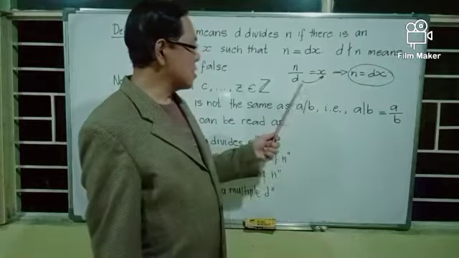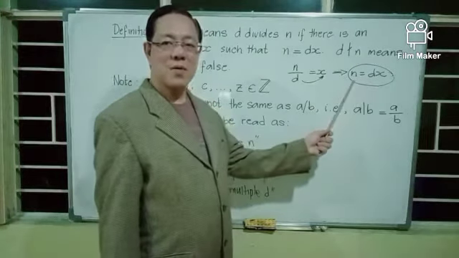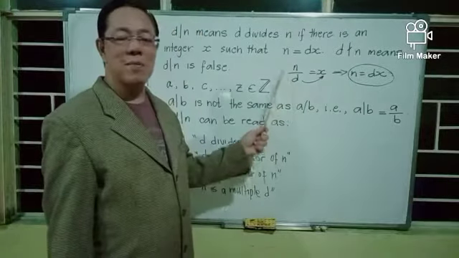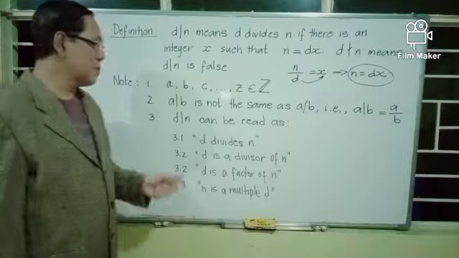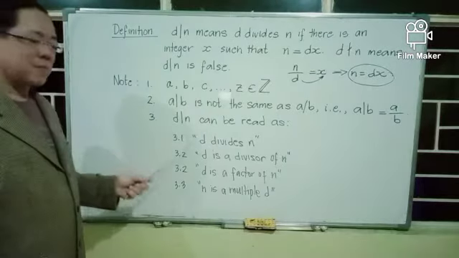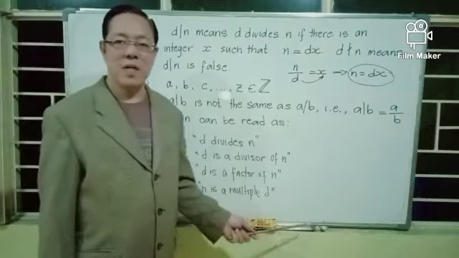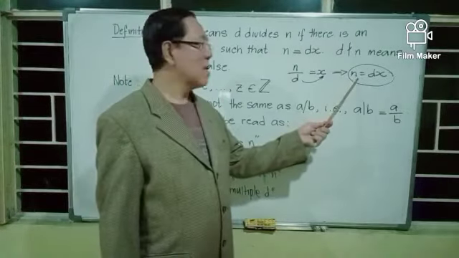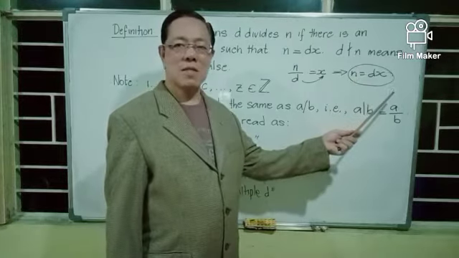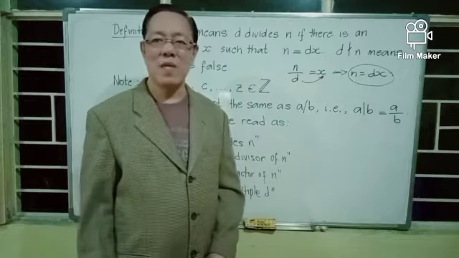And we are very sure that d is a factor of n because d divides n. Another way to read this notation is by saying n is a multiple of d, because here we have expressed n as the product of the integer x and d. Therefore, n is a multiple of d.